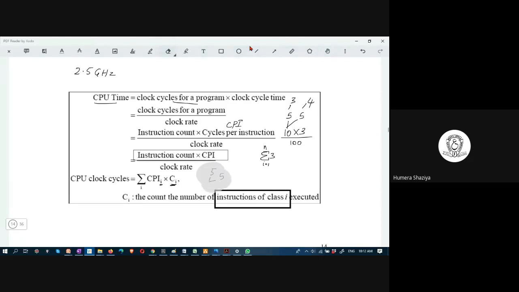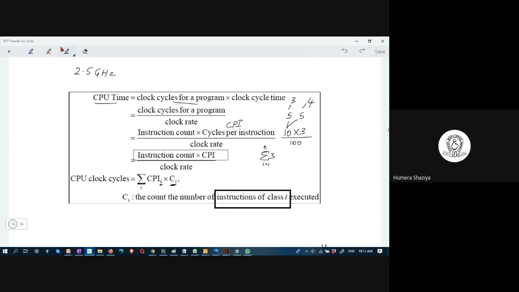Here the whole idea is you should understand that to find the CPU clock cycles, we have to do it for a program. In a program, there are several instructions.